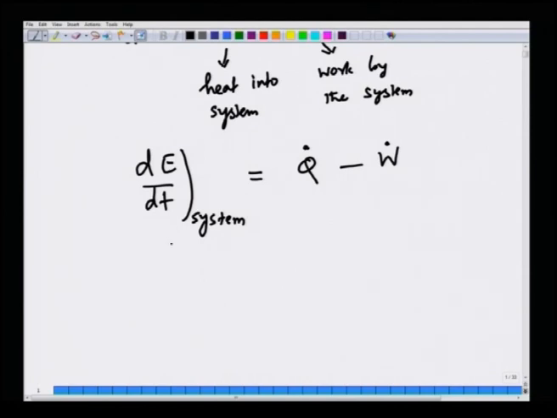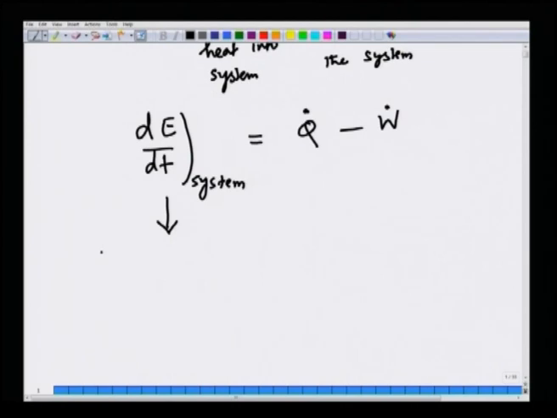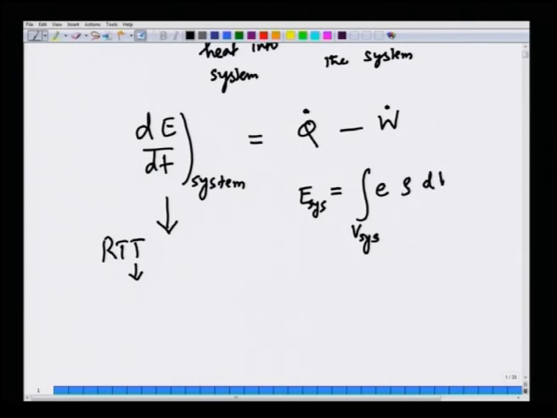Now, in order to convert this to a control volume formulation, we have to use the Reynolds transport theorem as usual. Before we do that, we realize that the energy of the system is equal to the integral over the volume of the system of the specific energy e, which is energy per unit mass, times density, which is mass per unit volume.